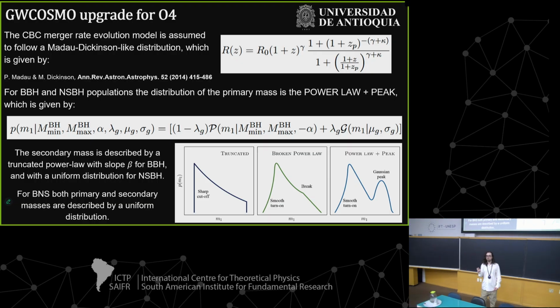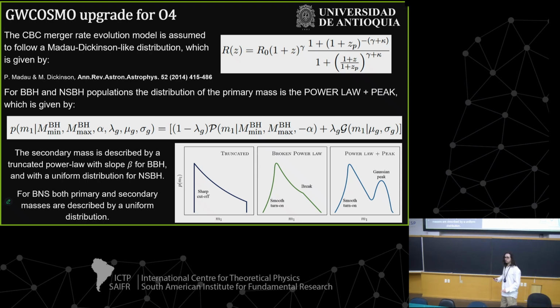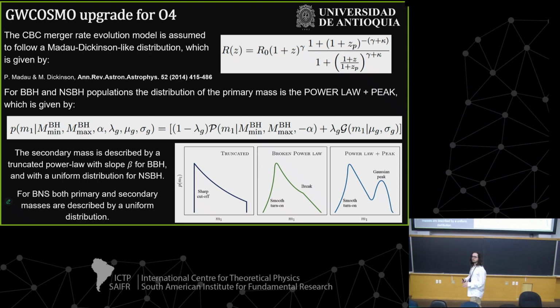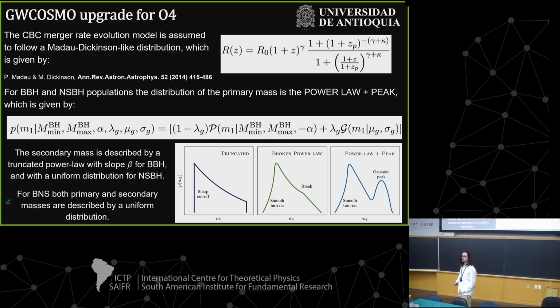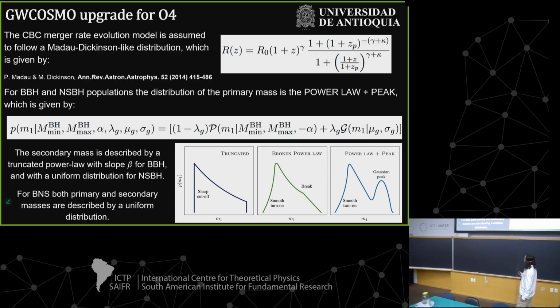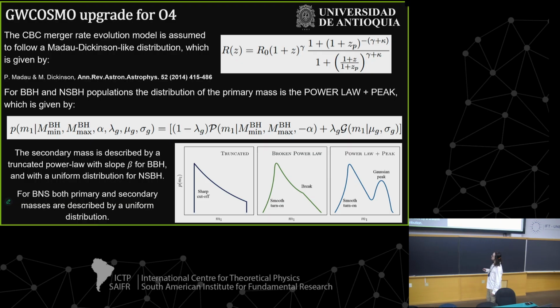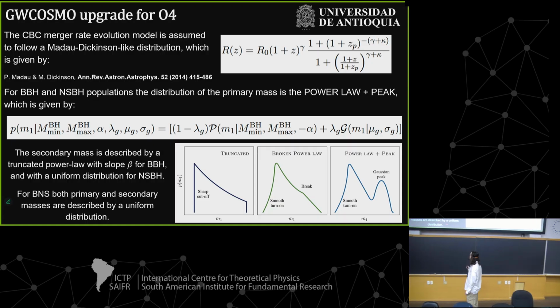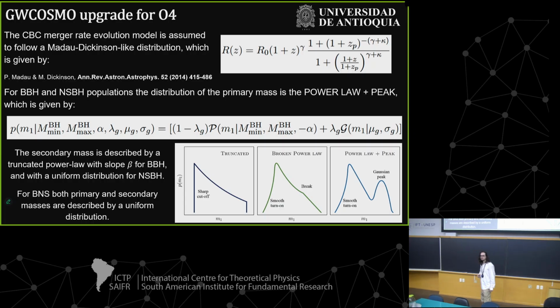So basically, we assume that the neutron stars have a uniform distribution in masses within some specific range between 1 and 3. And when we have binary neutron star systems, both the primary and the secondary masses are described by the same uniform distribution.